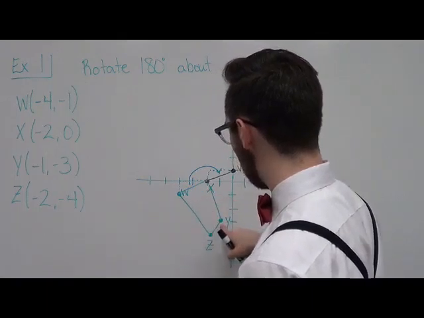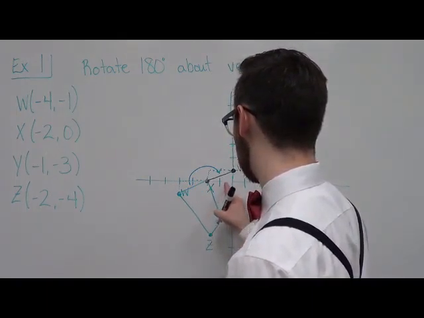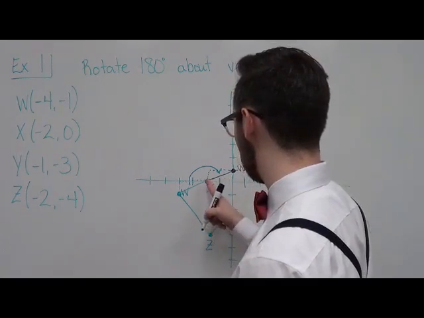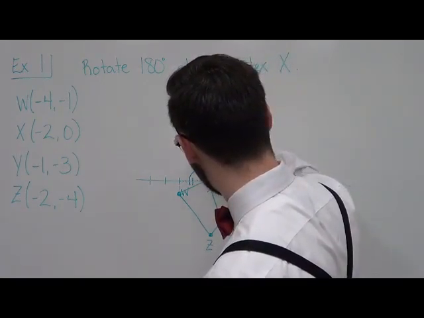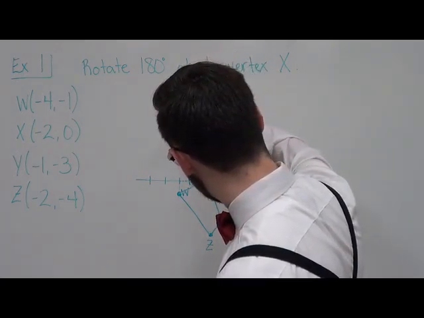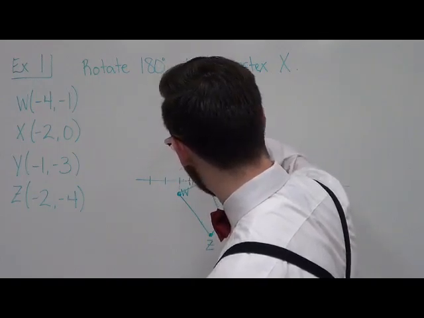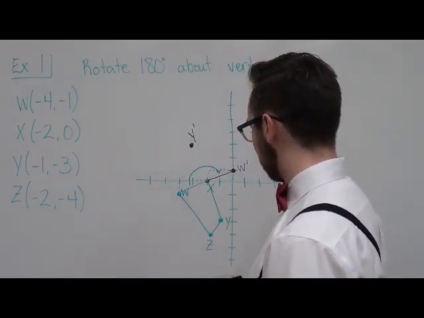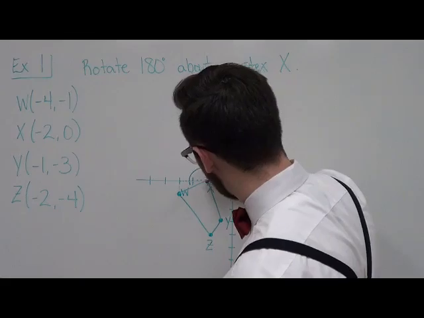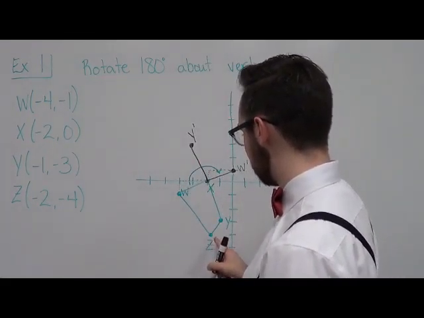So to get to our y, this slope, we would continue, we'd go up 1, 2, 3, and then over 1. So this is going to be our new y prime. So then we would connect x to that. Then we have to have the z.